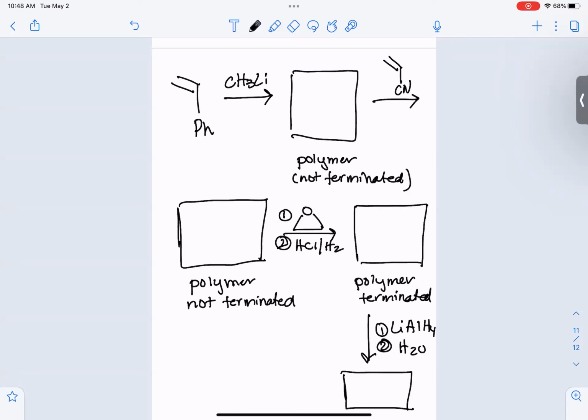Right. So again, this is just that organolithium. So the end cap here would just be a methyl group. Right, so just so that you could see, it's that anionic polymerization.